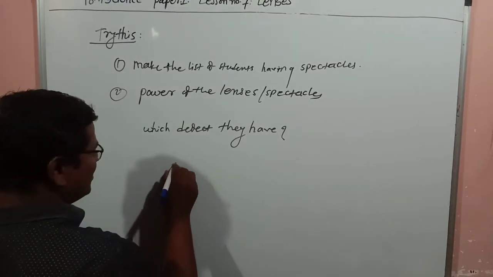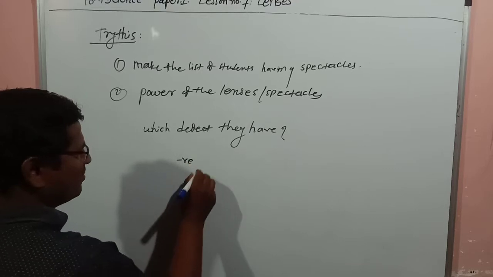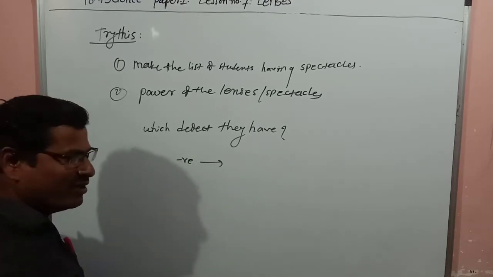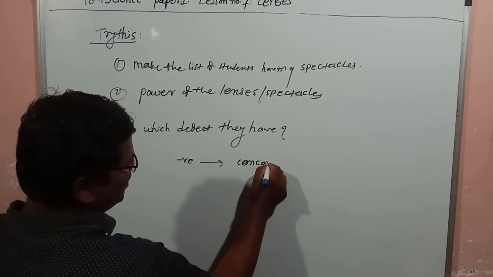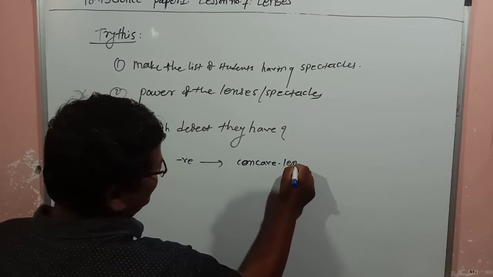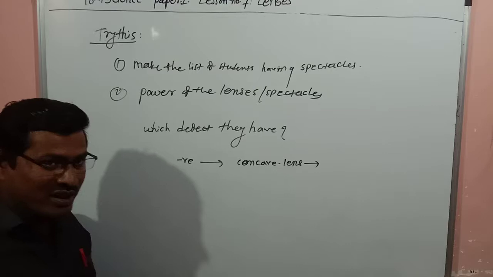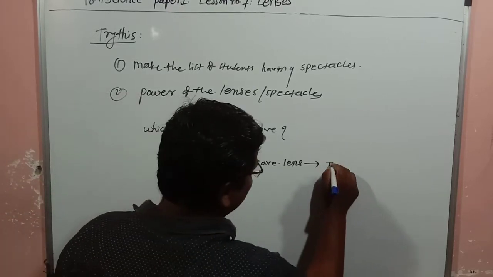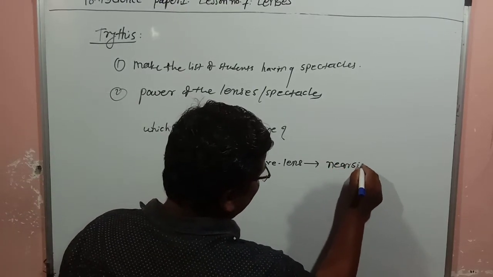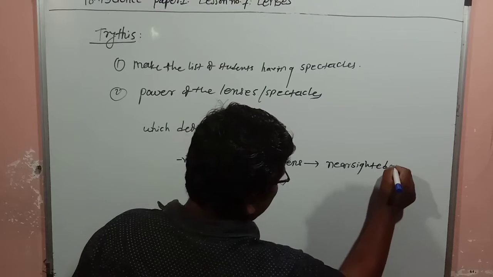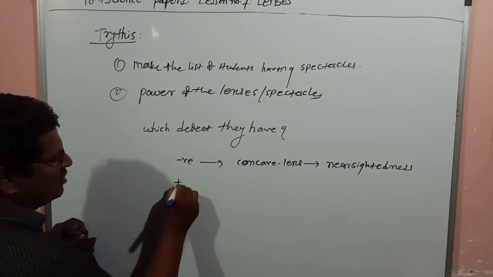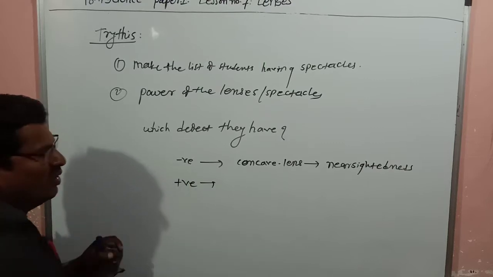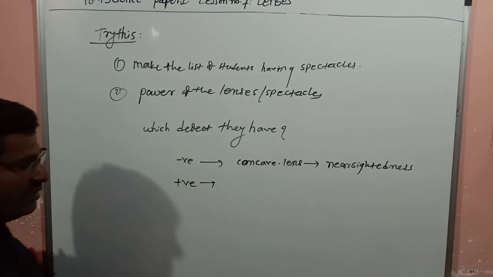Suppose the power is negative, a negative number, then they are using a concave lens. That means which defect are they having? They are having nearsightedness. Second, if the power is positive, then what can you say?